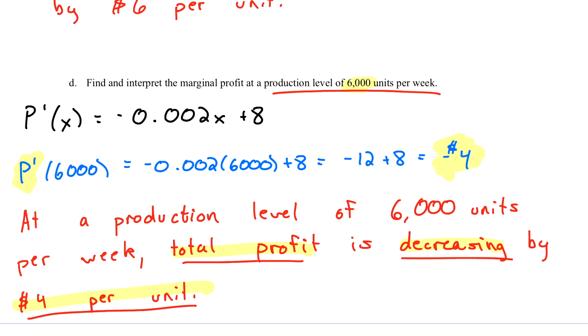That tells us, okay, yeah, if we increase production, then our total profit will also increase. But in cases like this, where we had a negative marginal profit, in that case, it tells us that our total profit will decrease if we choose to increase production. So it can help inform your business decisions by telling you what's going to happen to your total profit if you decide to increase or decrease your production.